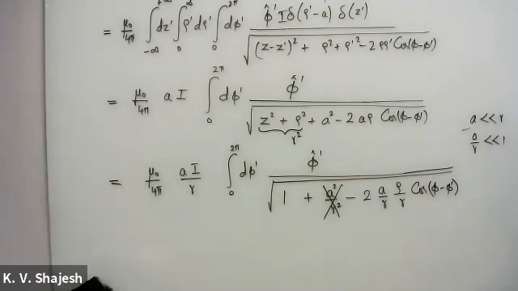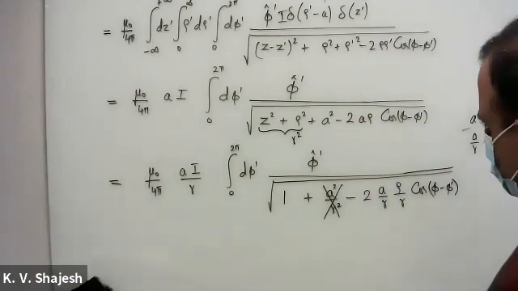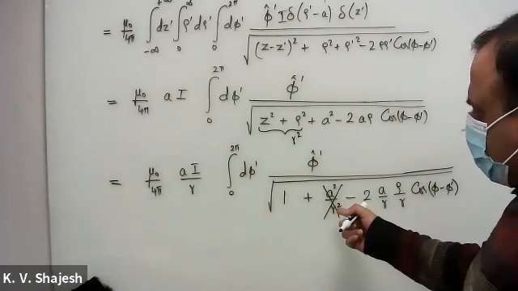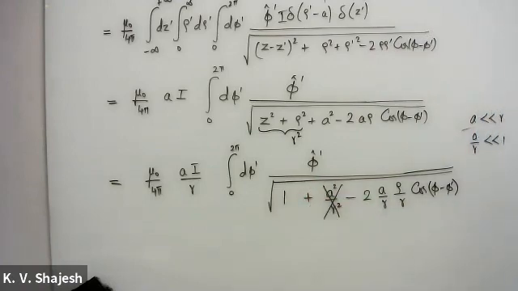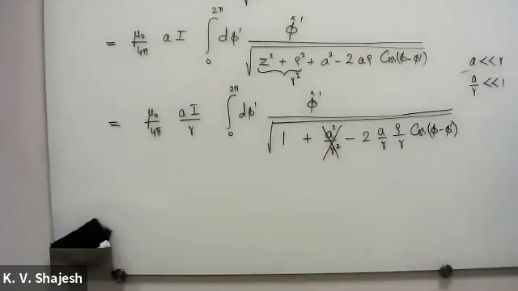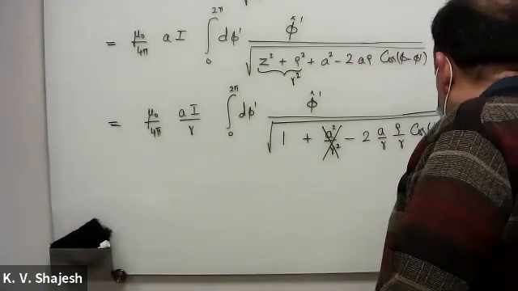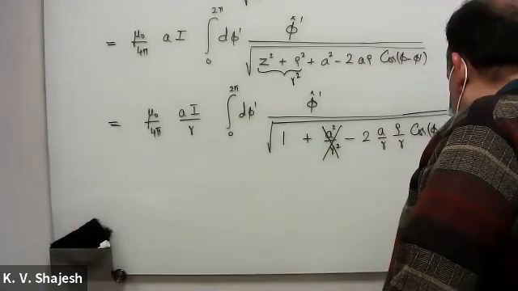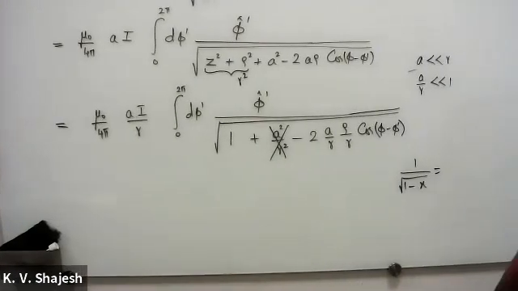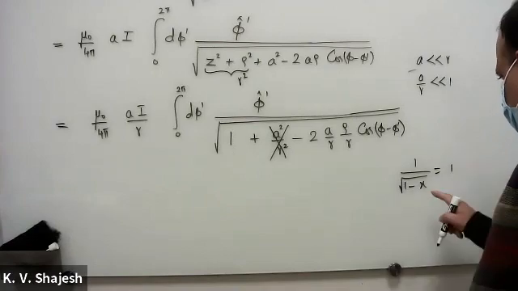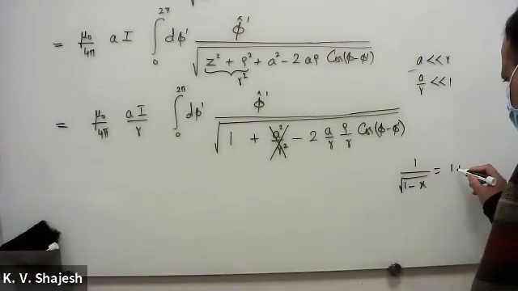That's the point. If we have already neglected this, there is a square root here, so use a binomial expansion to expand it. For example, 1 over the square root of 1 minus x is equal to 1 plus 1 by 2 x.